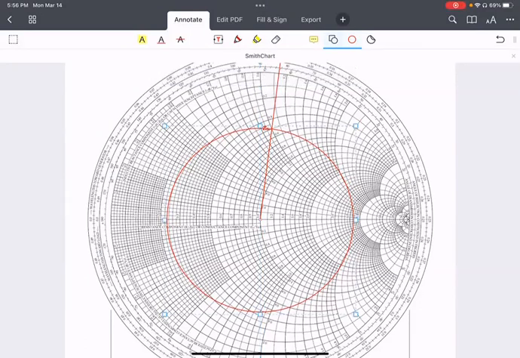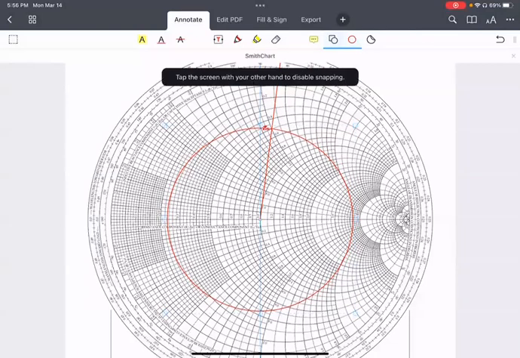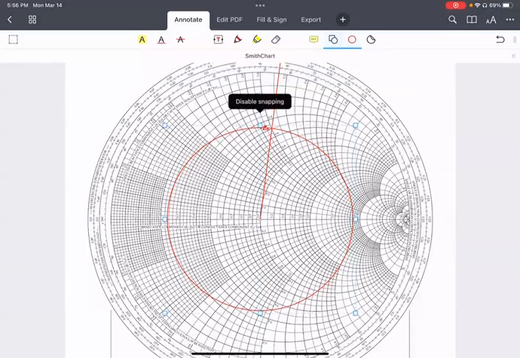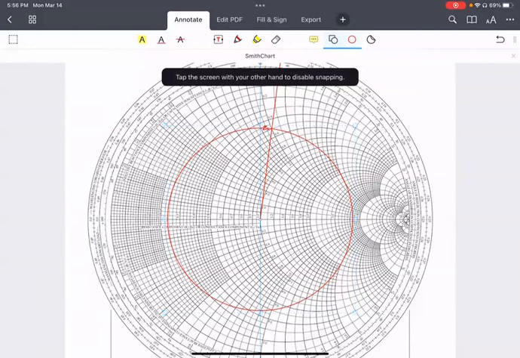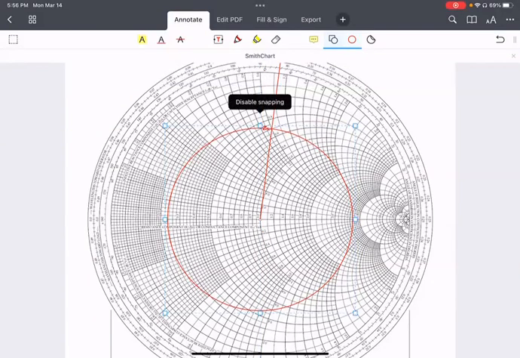There. Need to make it a little bit smaller. There. Even a little smaller still. There. That's pretty good. Yep.